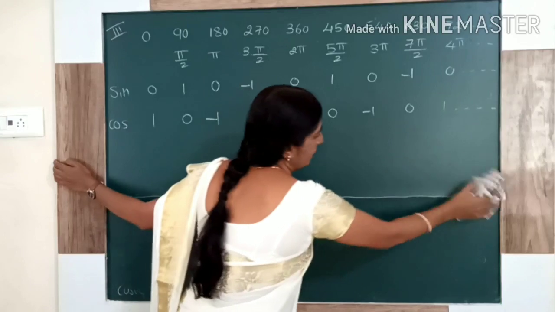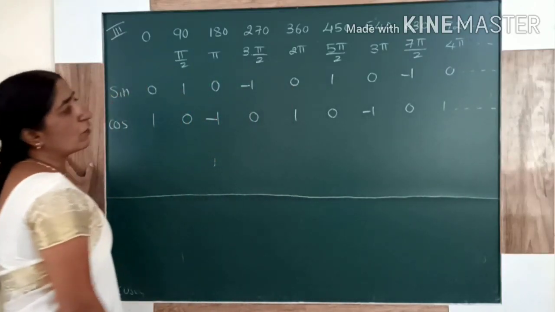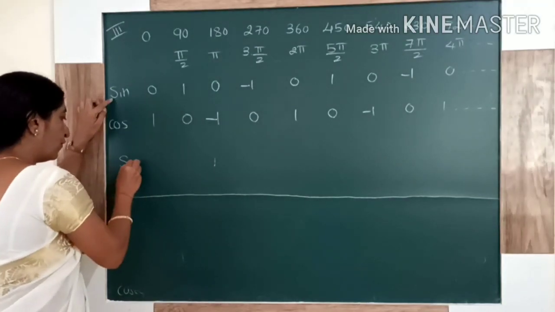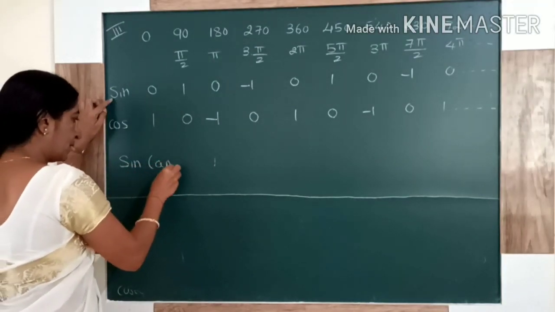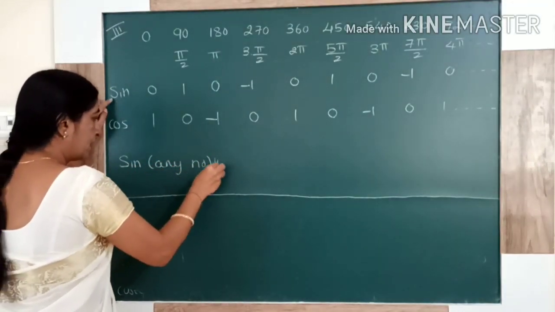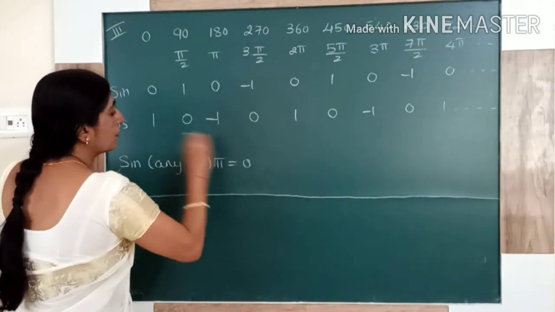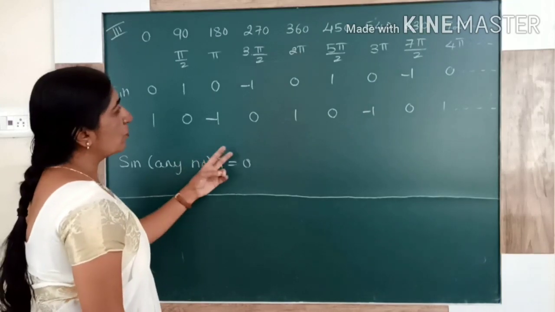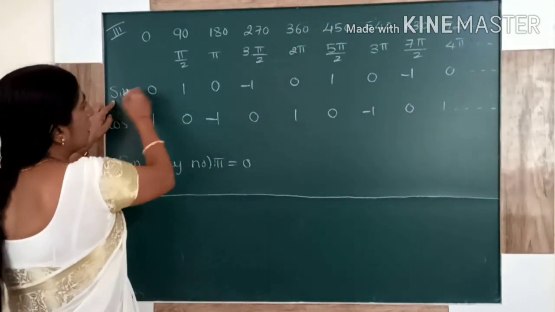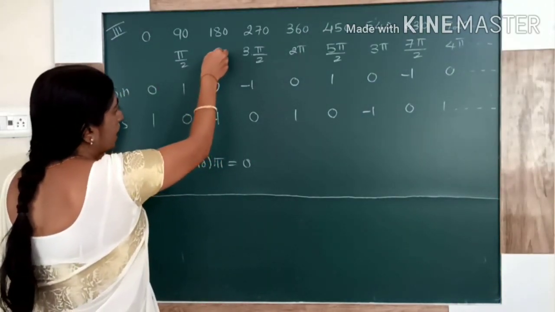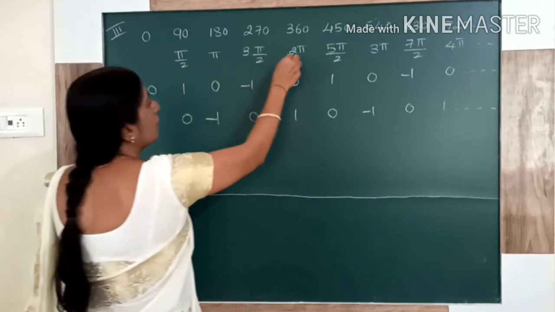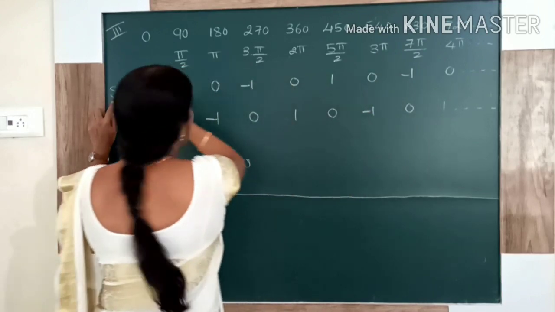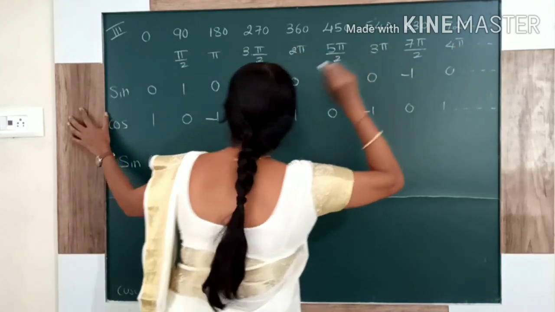See here, it is very interesting. When you see that formula thoroughly, you are observing sine of any number into pi is always 0. Any number means 1, 2, 3, 4 like that. See here, sin pi is 0, sin 2 pi is 0, sin 3 pi is 0, sin 4 pi is also 0.